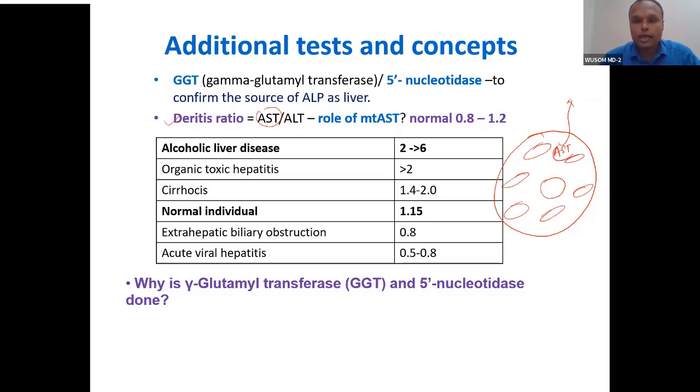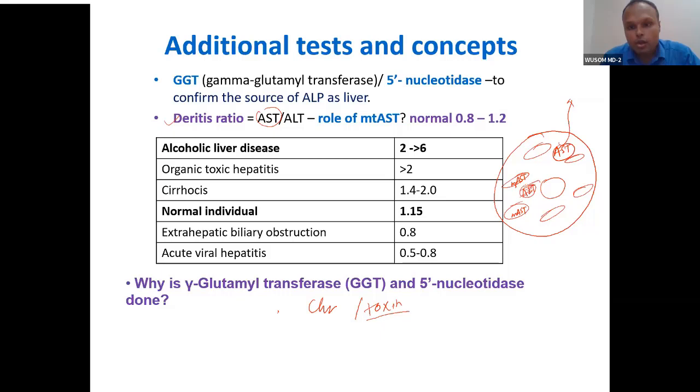But in chronic condition, or because of any toxins, alcohol is also a toxin, or other hepatotoxic substances, that will damage the mitochondria directly. As a result, mitochondrial AST, present in mitochondria in very high amount, is released. ALT is not present in mitochondria. ALT is only in cytosol.